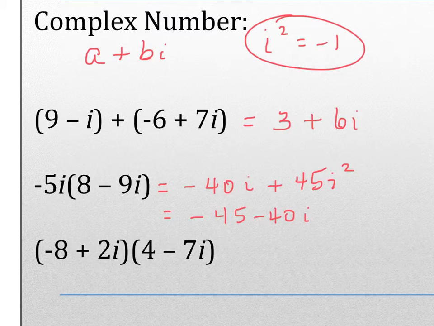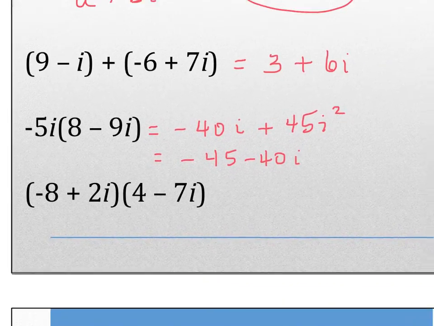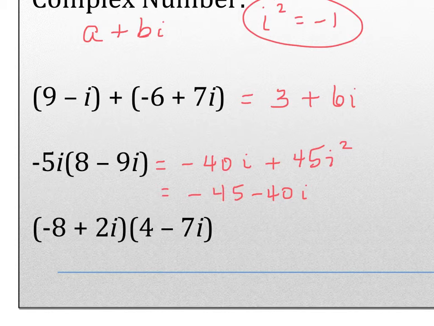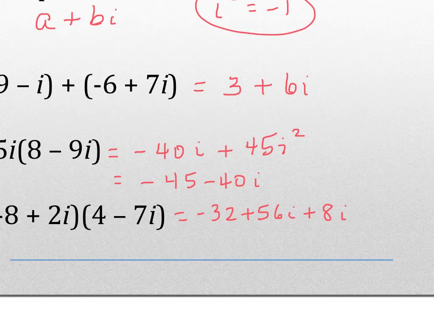Alright, let's look at this last one right here. We are going to FOIL these. You're going to find out what happens. Usually when we FOIL, you end up with 3 terms. With these, you're going to end up with 2 terms. So let's FOIL this. So we get negative 32 plus 56i plus 8i plus, I'm running out of room, minus 14i squared.